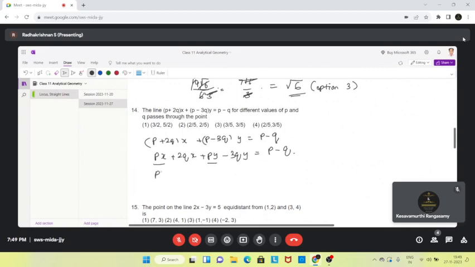So it's P into x plus y plus Q into 2x minus 3y. Correct? So you simply rewrite it in terms of P and Q in this way and equate the corresponding coefficients.